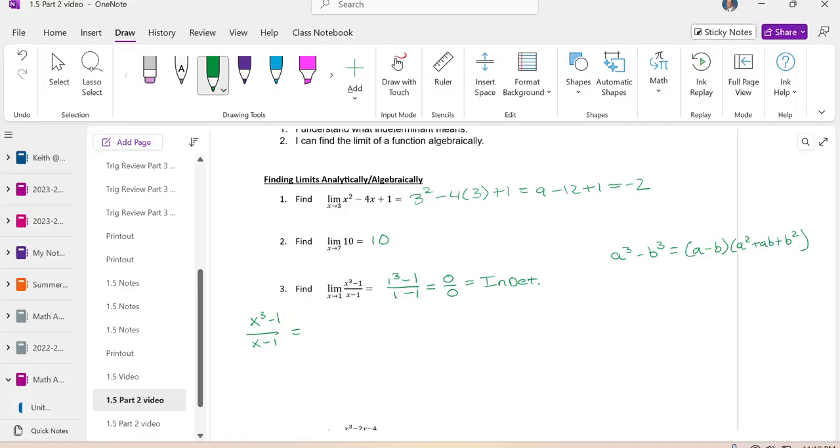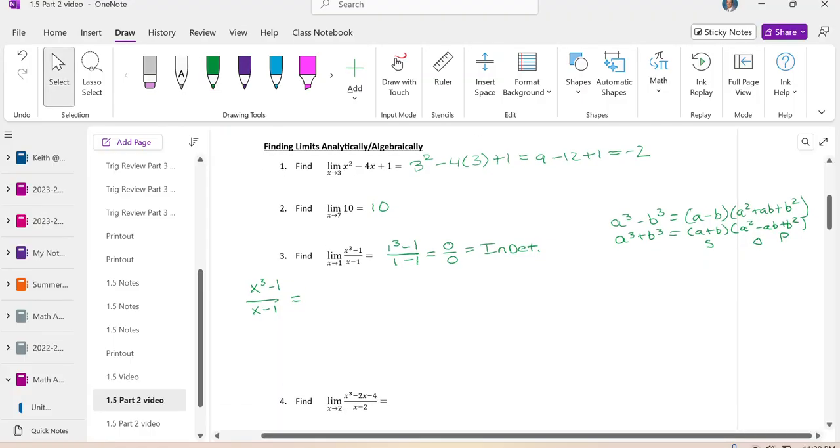That is the difference of two cubes. The sum of two cubes would be a plus b times a squared minus ab plus b squared. Remember, the sign here is same. In the middle, it's opposite. Last one's always positive.